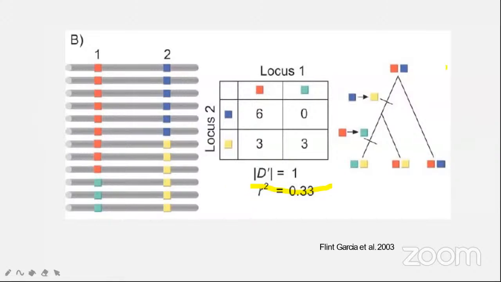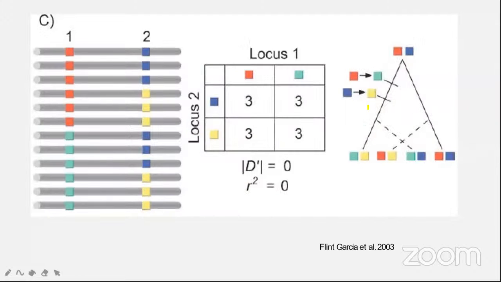This is the mutational history, which I don't want to go into in detail. In the third case, both red and green alleles at locus 1 are associated with both blue and yellow at locus 2. So this is a case where R² is 0 and D prime is 0, meaning they are not in LD, or not correlated.